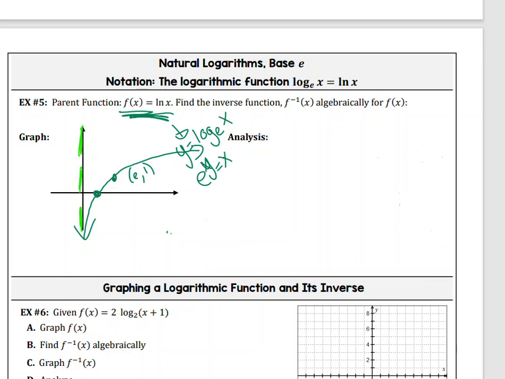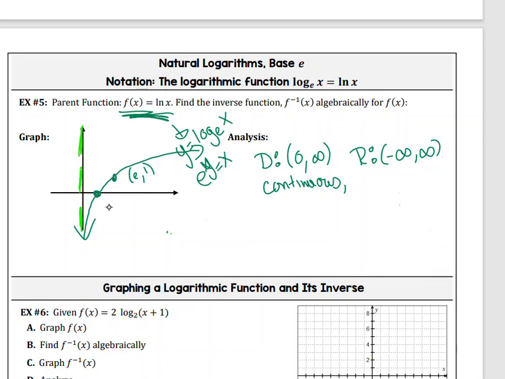So if we're going to analyze this graph, there's a few things that we can say about it. We can say that the domain is from 0 to infinity. We can say that the range is negative infinity to infinity. It's continuous because there's no breaks.